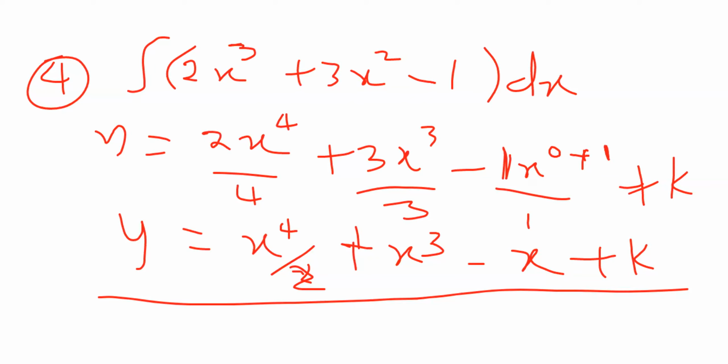So 1 times anything, will it change? No. It was x raised to power 0 before. So I wrote that one so that somebody will understand. Is it clear? So we'll look at another one.